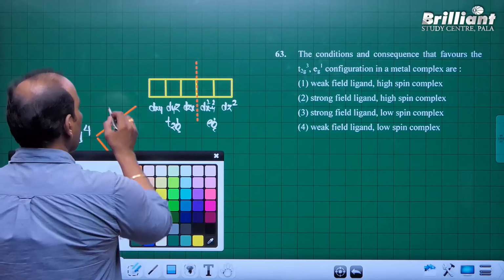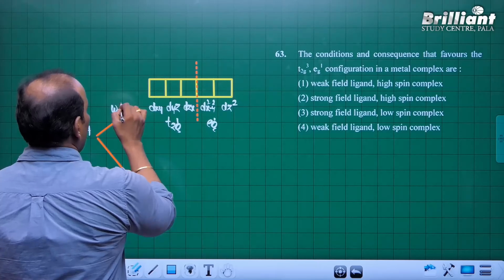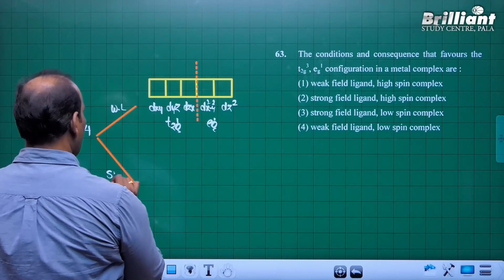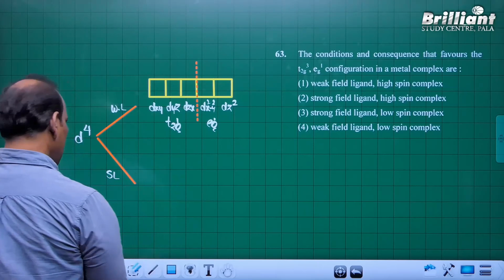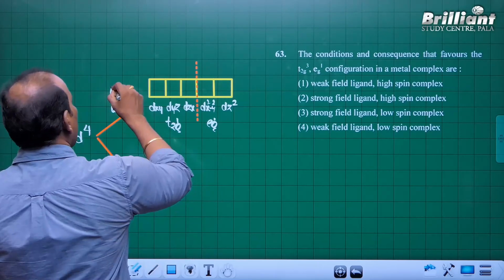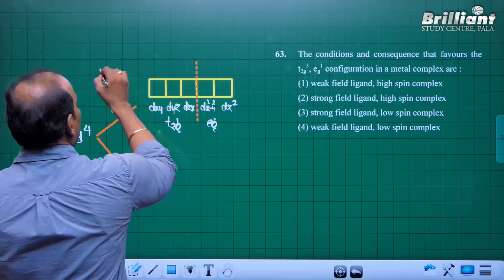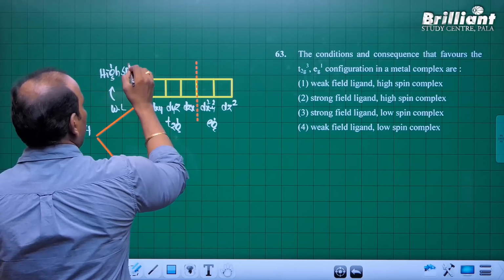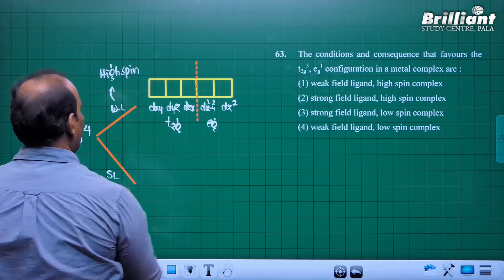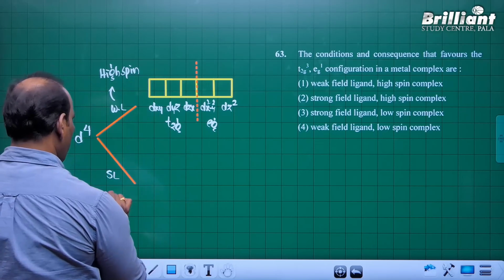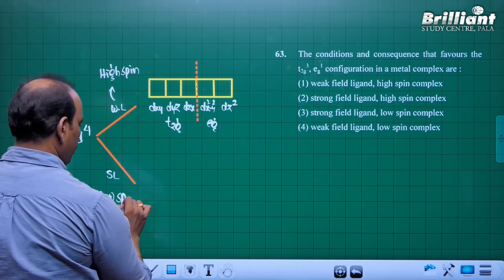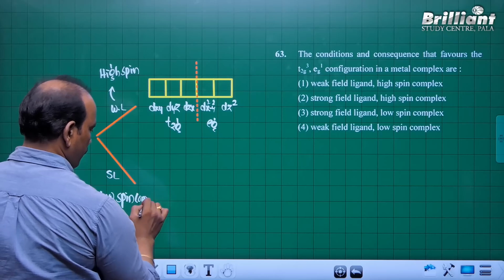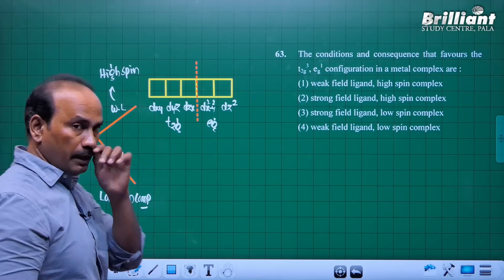One is weak ligand, second one is strong ligand. Weak ligand is nothing but high spin complexes. Then strong ligand gives low spin complexes. Name is low spin and high spin.